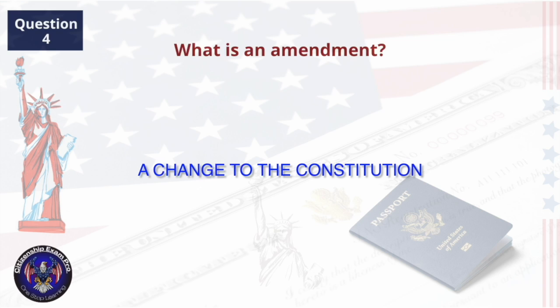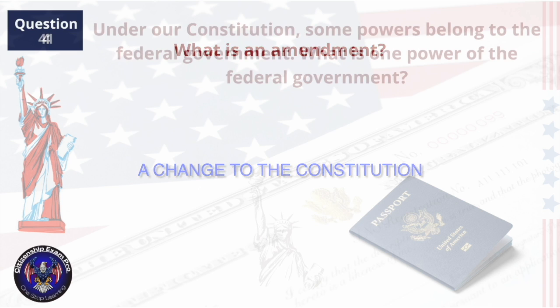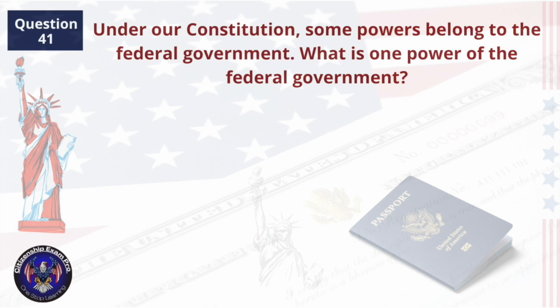A change to the Constitution. Under our Constitution, some powers belong to the federal government. What is one power of the federal government? To print money.